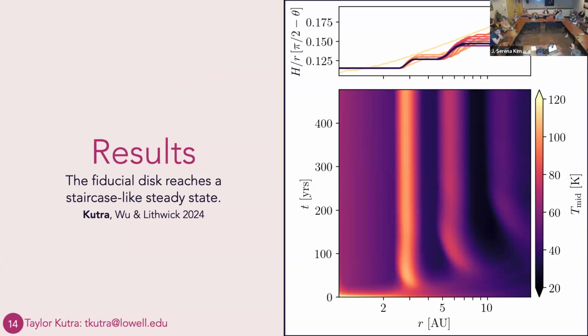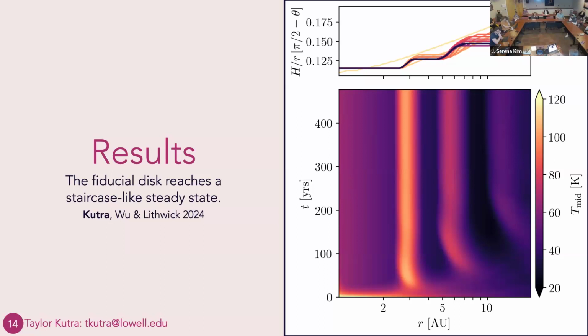The thermal wave moves in slightly, and then it stalls. Then a second thermal wave forms, moves in, and stalls. Same with the third. At the end state, the optical surface resembles a staircase, where we have these shadowed regions and irradiated hot rims, punctuated with hot rims and shadowed regions.